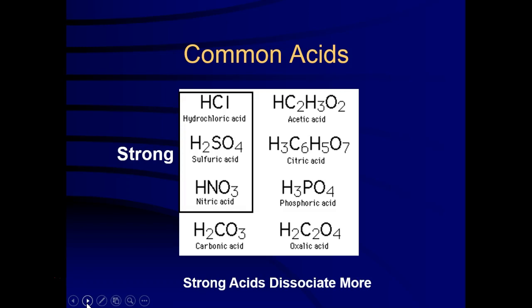And what we mean by a strong acid is an acid that when you place it in water, most of the molecules will dissociate and release hydrogen ions. That's what we mean by strong, is that they will readily dissociate. So if we put hydrochloric acid in water, it will readily dissociate into hydrogen ions and chloride ions. So most of those molecules will break apart.